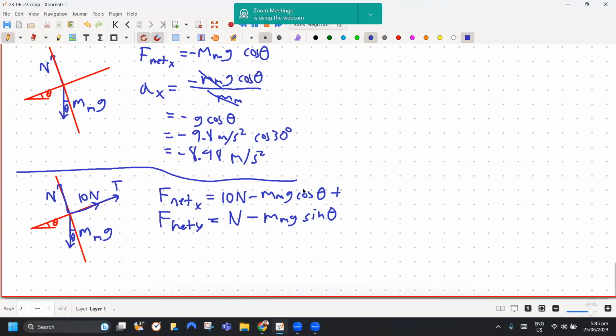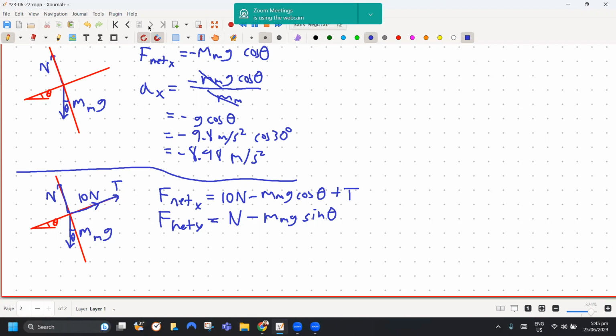Okay. So 10 newtons minus mg cosine theta plus. So kung kanina 72 newtons yung force na kailangan ng rope para hindi siya mag-slide up or down, what do you think mangyayari kapag may 10 newtons na applied?